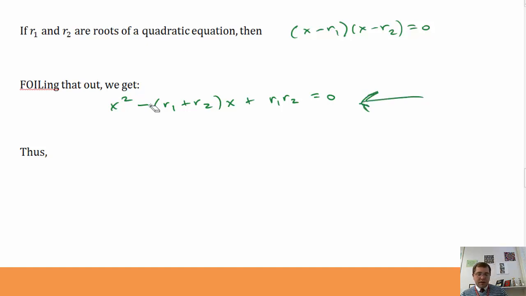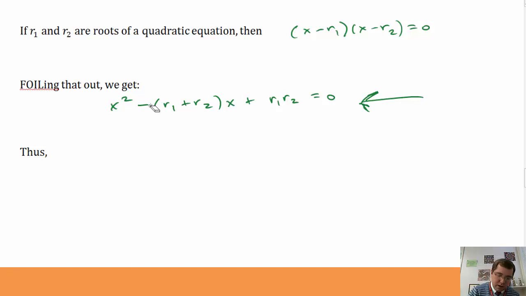Thus, notice the coefficient of the middle term, that middle number, is the sum of the roots. And that last number is the product of the roots.